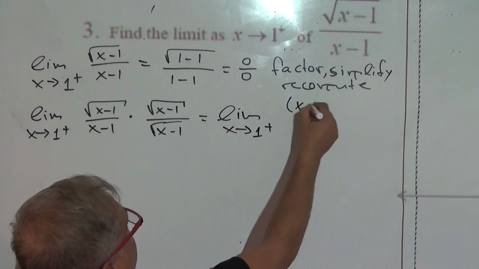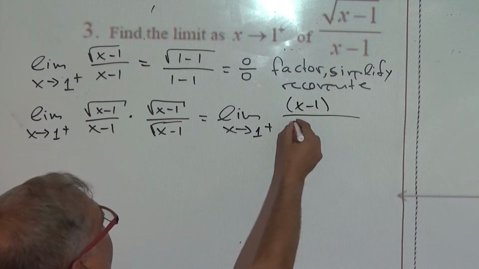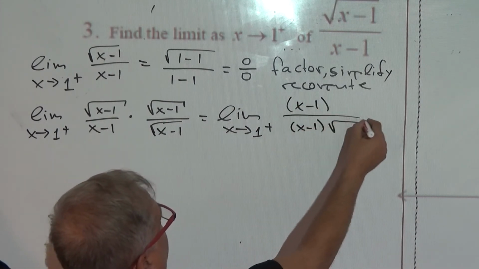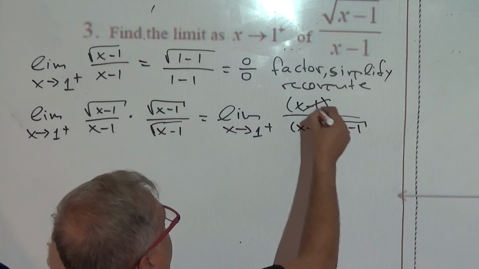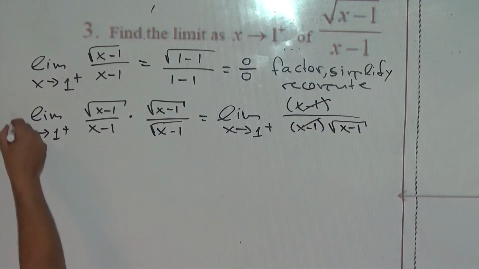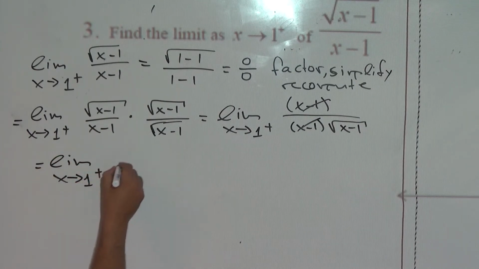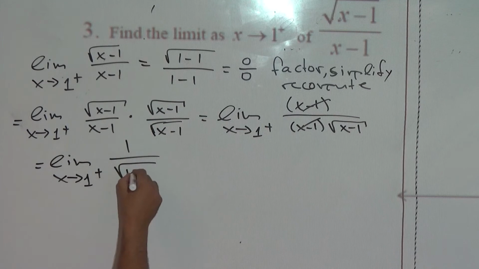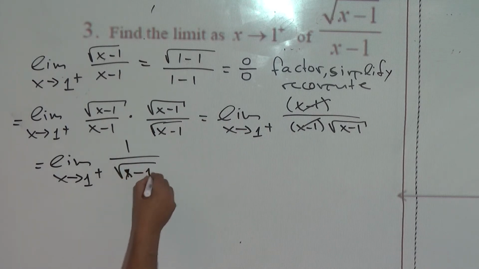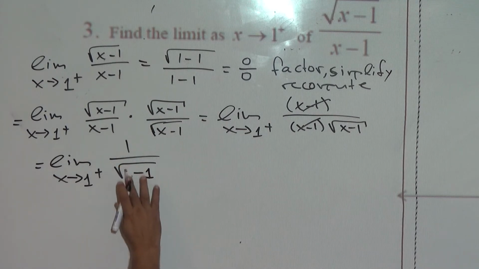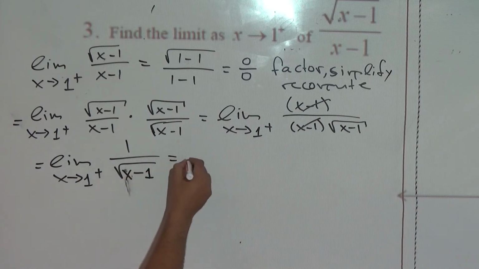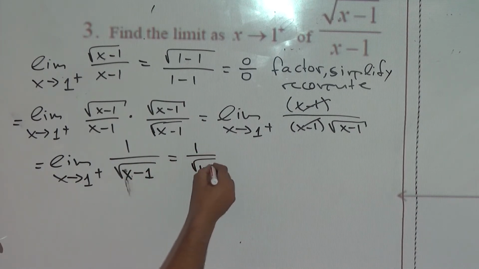The two roots cancel each other out. On the bottom I had an x - 1 and I have now the root. This cancels, so I have the limit as x goes to 1 plus of 1/(square root of x - 1).